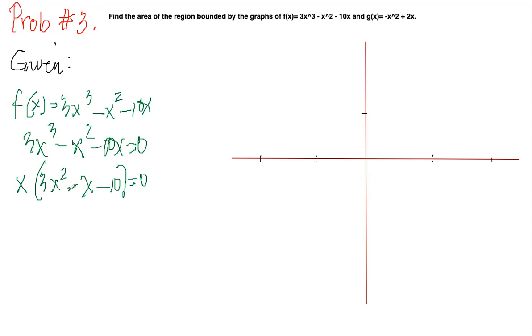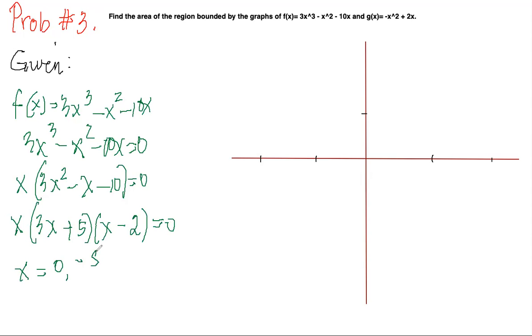And the second factor can still be factored into 3x, x minus. This becomes 5 and this becomes 2. Since it's negative, this is positive, right? Equals 0. That's why our values of x are 0, negative 5/3, and 2.